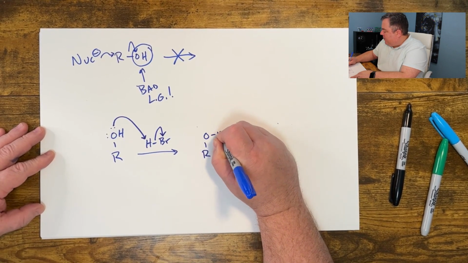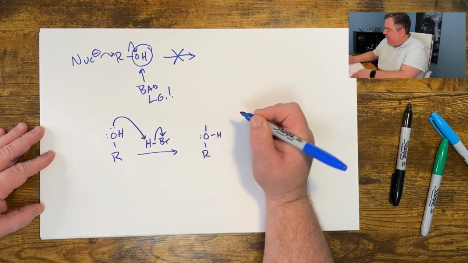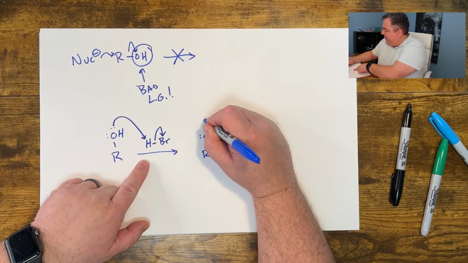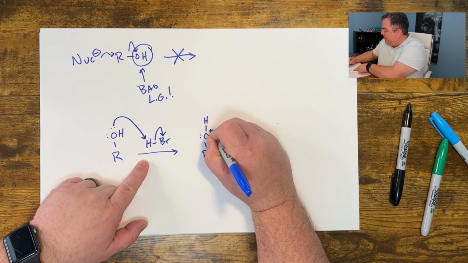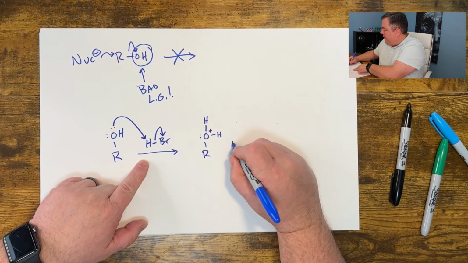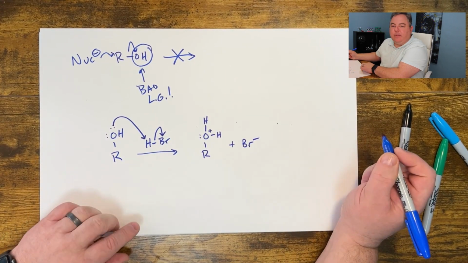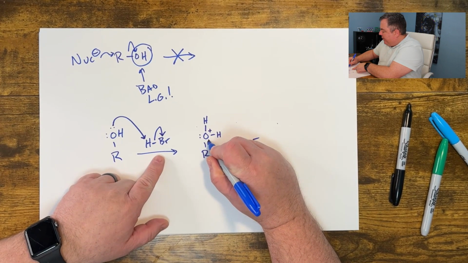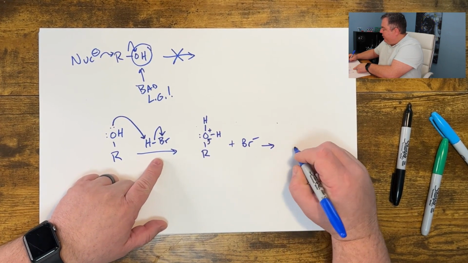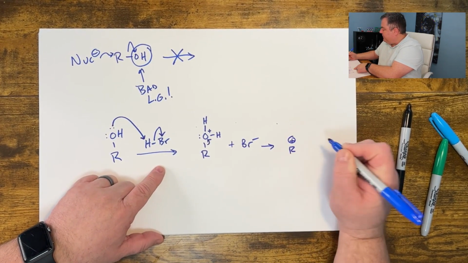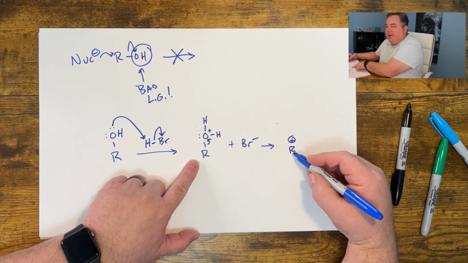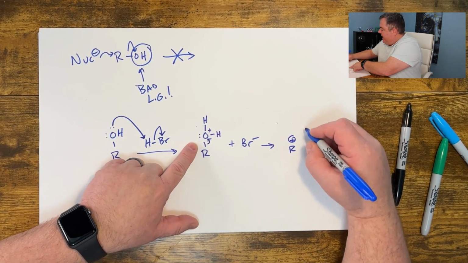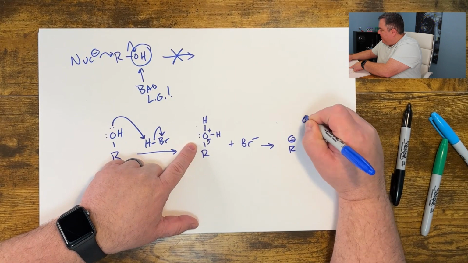So this alcohol, now that lone pair is stuck on this H+, so this has a positive charge, plus we have Br- that left. Now this is a really good leaving group. If that leaving group leaves, we get a positive charge on the R group, and look what we made.